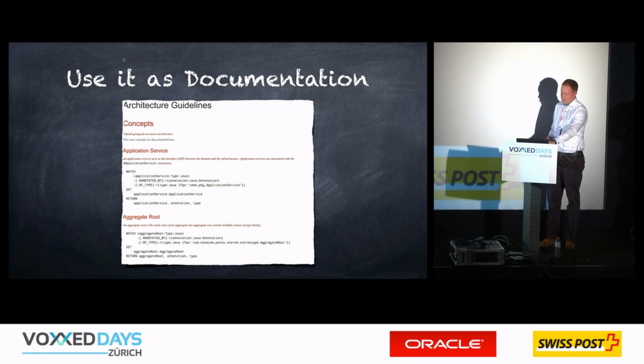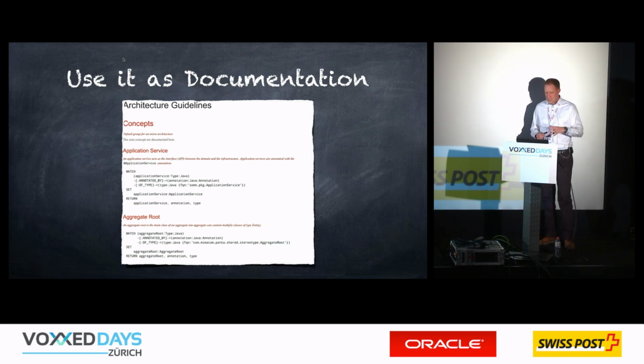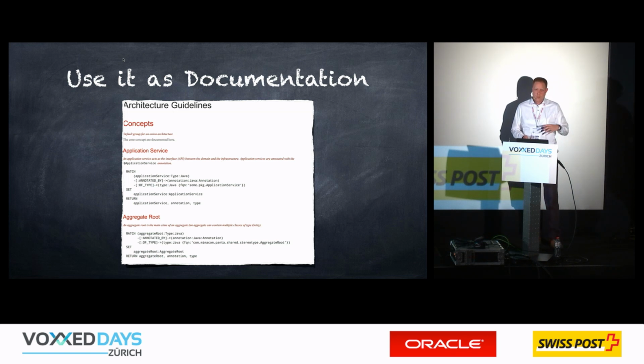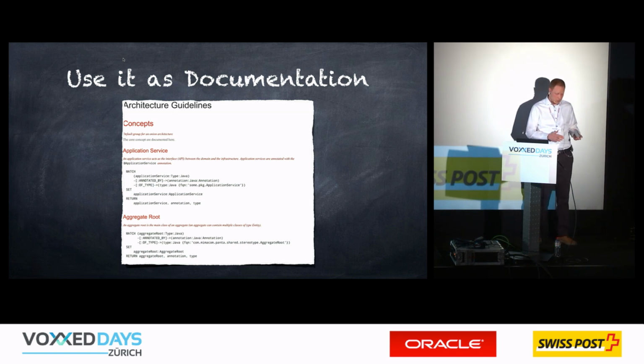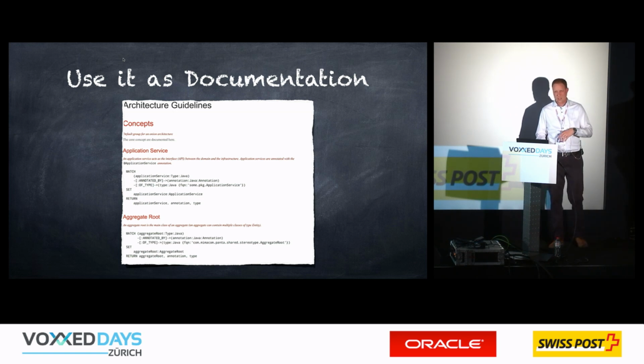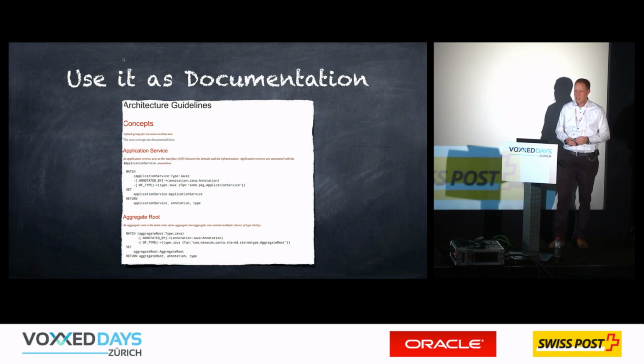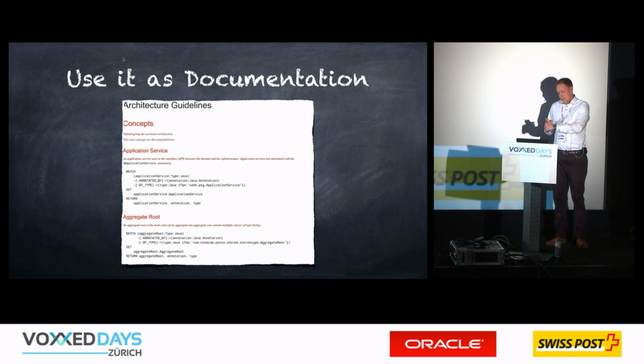And a piece of Neo4j query that will actually represent this concept on the database. And then there is another part where you can define the constraint. So for example, this constraint, I told you before, an application service is not allowed to return aggregate roots. You can define a query that makes sure that this never happens, but you can also have some text that explains why you want this to be respected.